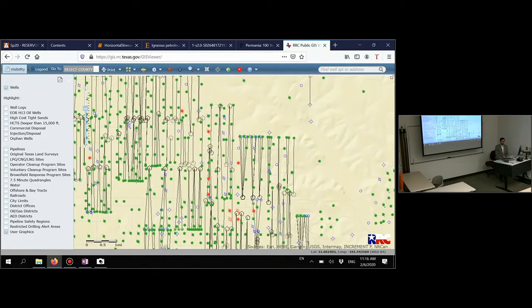Okay? So now what you see here are the directions of the horizontal wellbores. The points indicate where the wellbore starts to be drilled in the vertical direction, and these are all the directions of the wellbores horizontally. And you can clearly see, as we hypothesized before, given these measurements of stress, that the direction of the wellbores is north-south, and there is a reason for that.